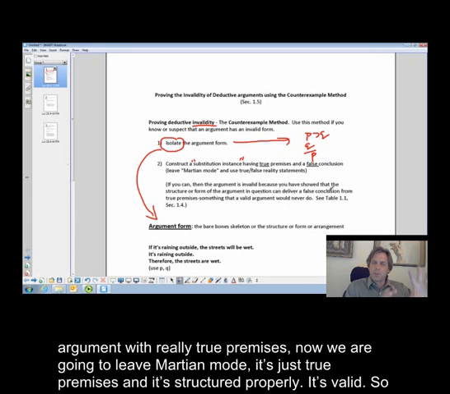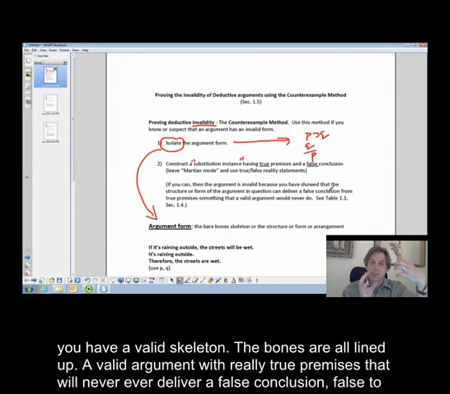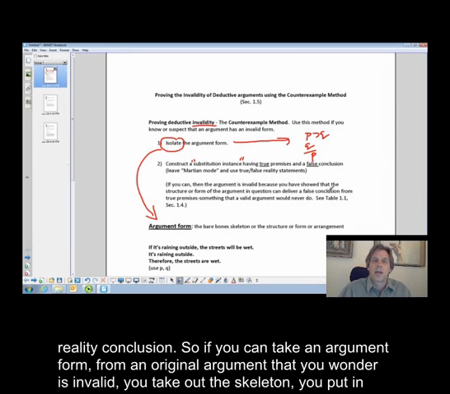If you have an argument with really true premises, and we're leaving Martian mode, just true premises, and it's structured properly, it's valid. So you have a valid skeleton, the bones are all lined up, a valid argument with really true premises that will never ever deliver a false conclusion, a conclusion false to reality.